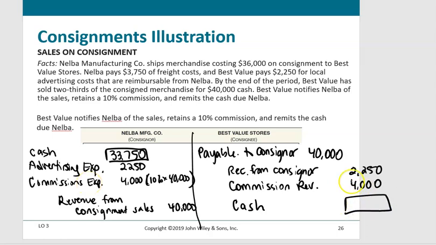We are pulling out $4,000 of that cash. We're pulling out $22.50 to pay off what we had previously paid for the advertising. And then that difference of $33,750 is what we pay to the consignor NELBA. And that concludes our last topic and last video for revenue recognition.